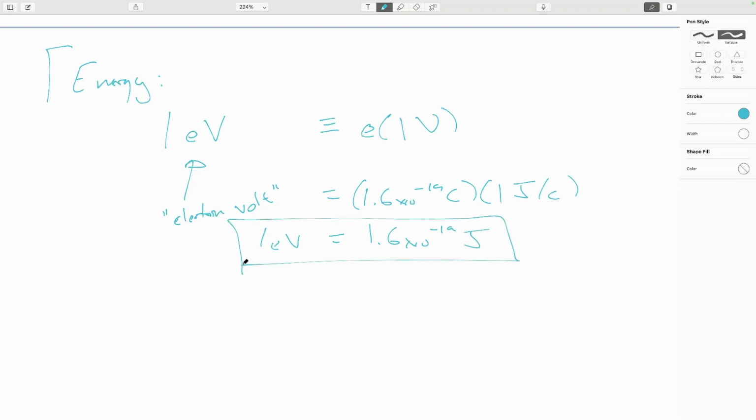So where that's useful is at the atomic scale. Energies that you'll typically be worrying about are maybe from about a 1,000th of an eV to 1,000 eV. So it's a lot nicer than having to carry all these 10 to the negative 19s in front of joules and everything like that.